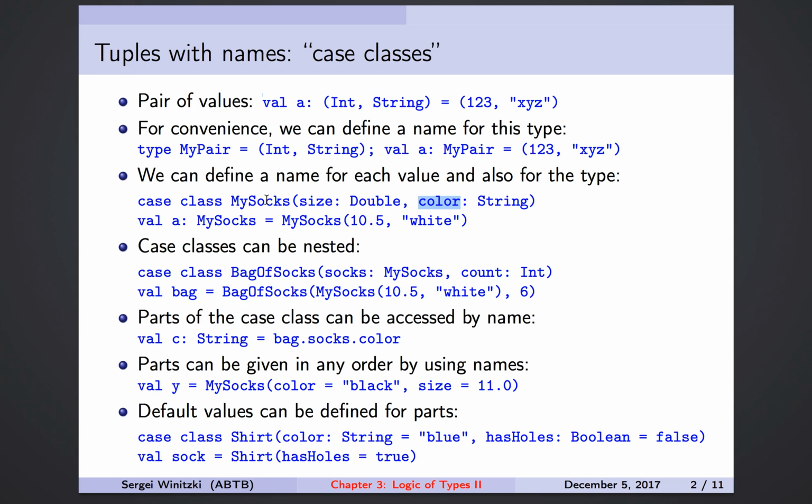So for example, if I have in some other part of my code a tuple of double and string that represents the amount I paid and the name of the person I paid it to, and here it represents my socks.